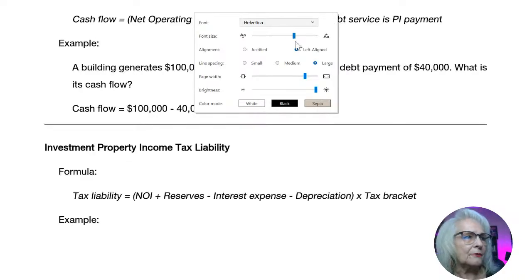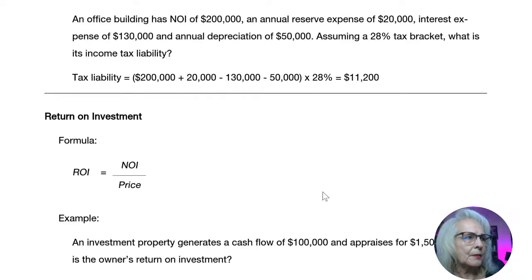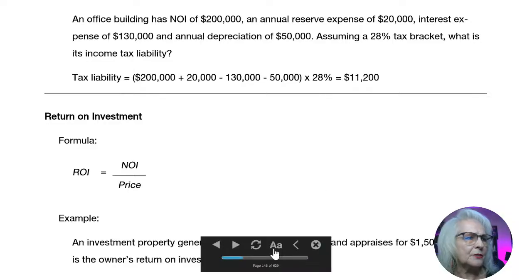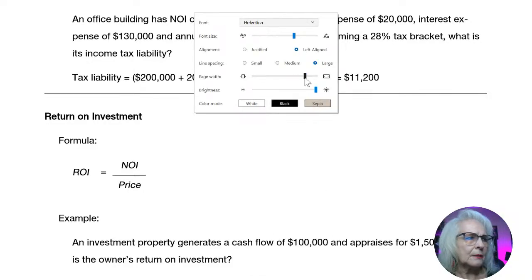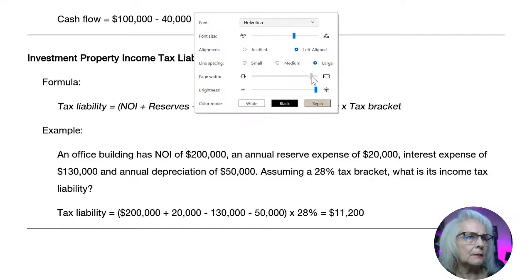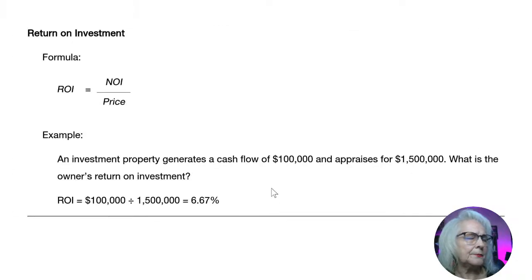Okay, now we're going to go to net return. Return on investment. Okay, return on investment is ROI. NOI is net operating income.